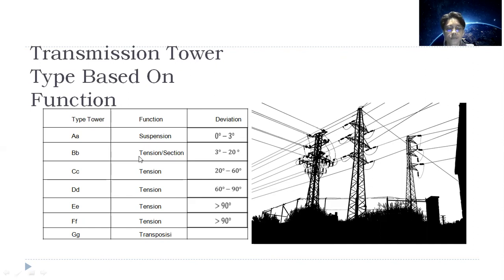The second type is BB, which functions as a tension tower or section tower with a deviation angle of 3 degrees to 20 degrees.